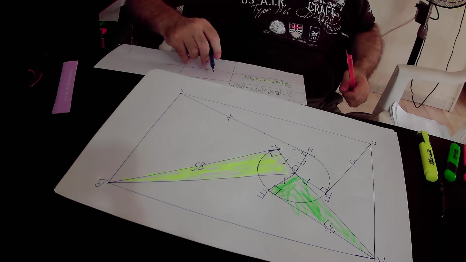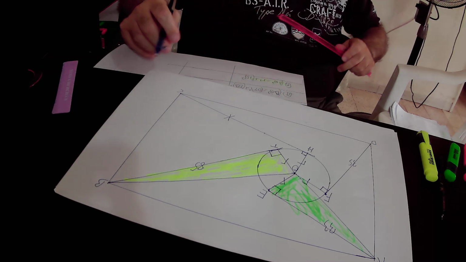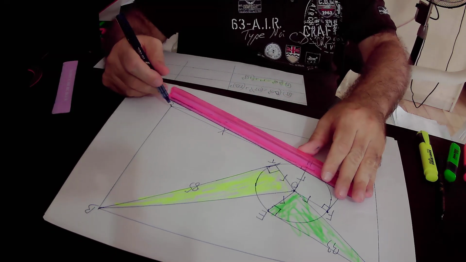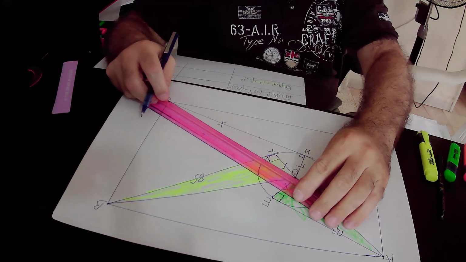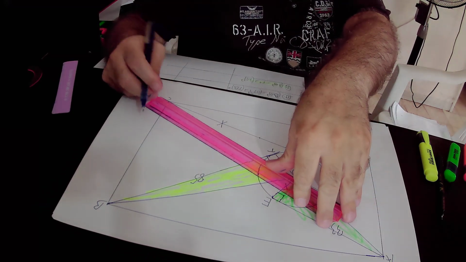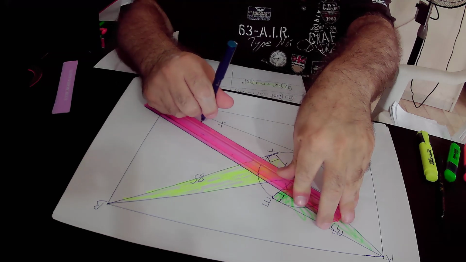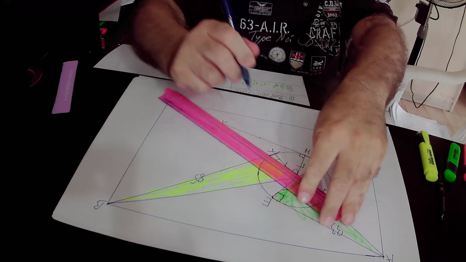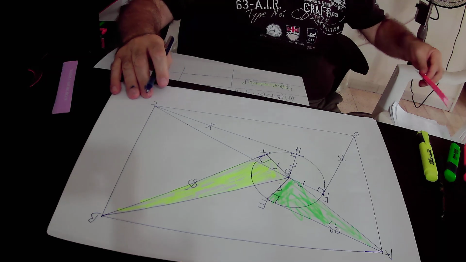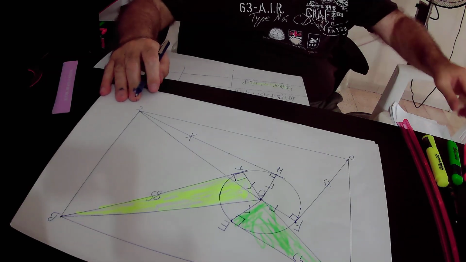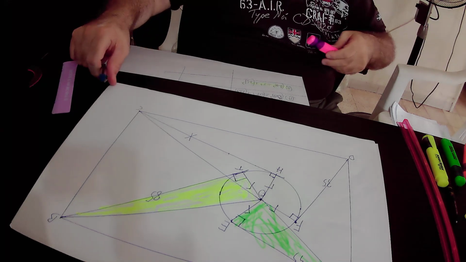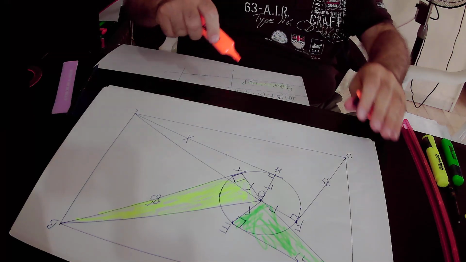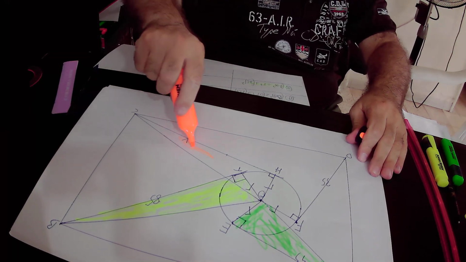In the next step, we'll join points C and O together by a straight line. And we'll implement the Pythagoras theorem on the right orange triangle, edge OC.